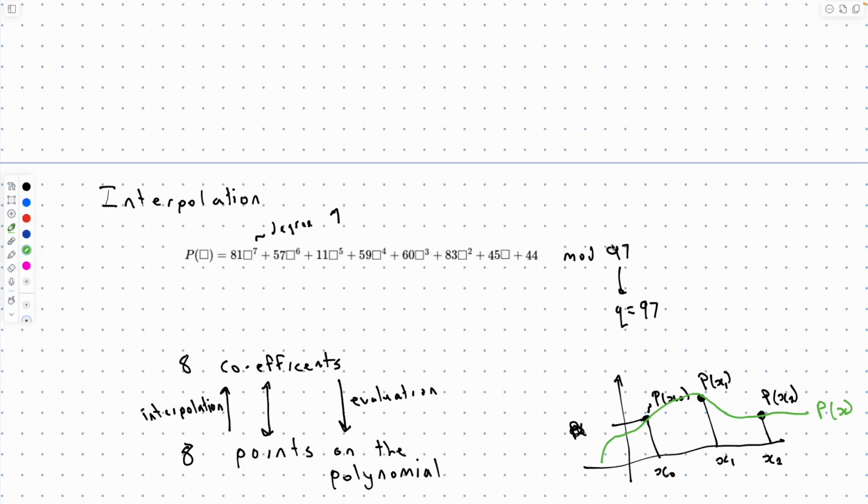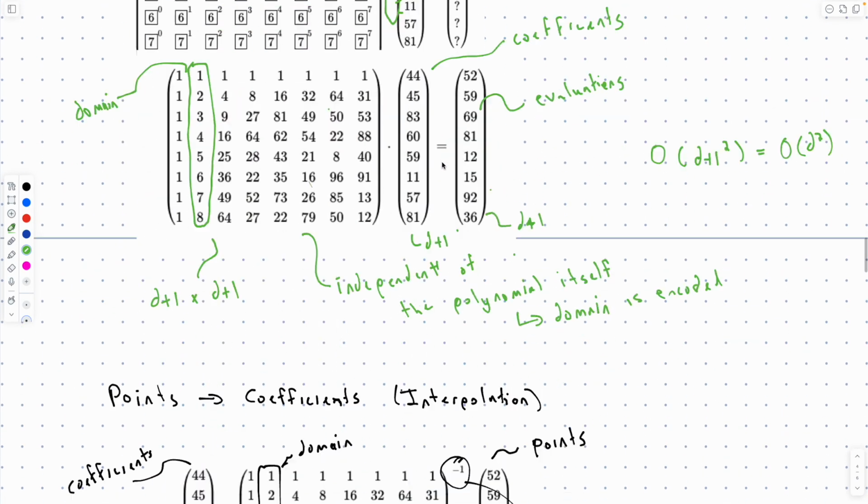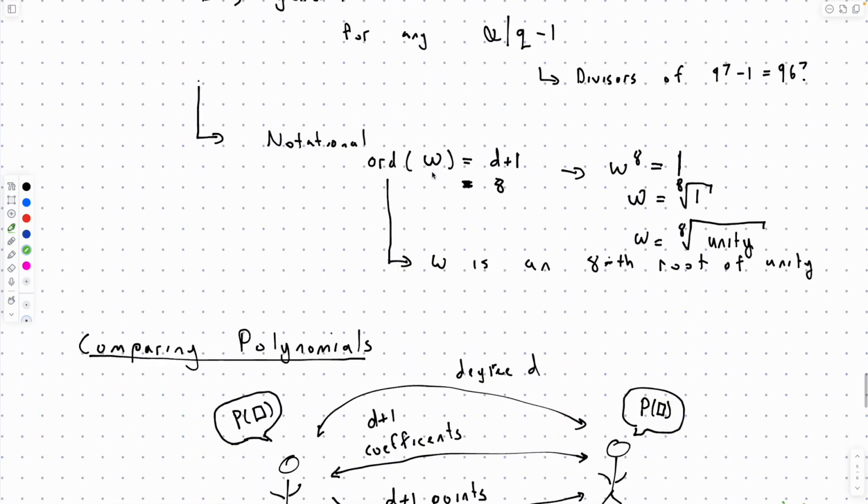There are 97 of them, because we're working mod 97. So I can plug in any number here. There are only 8 coefficients, but there are 97 points. So there are a lot more points, and maybe that will help me somehow, but we're not sure.